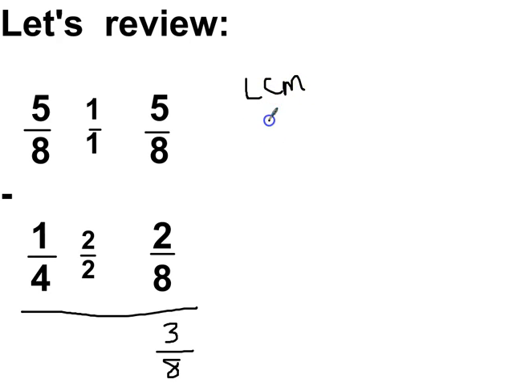My next step is to find the factor that I'm going to use to make my new equivalent fraction. Kind of hard to write with a mouse pad. And then I'm going to subtract.